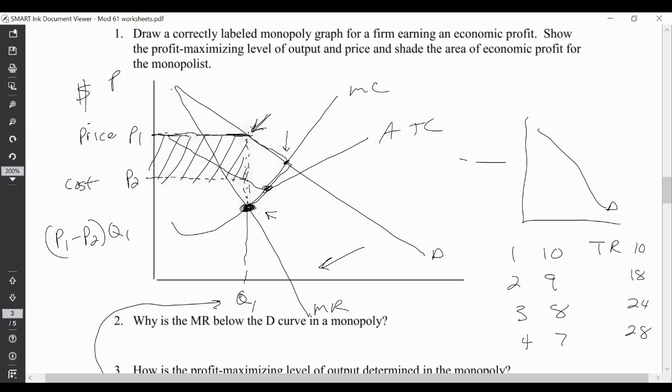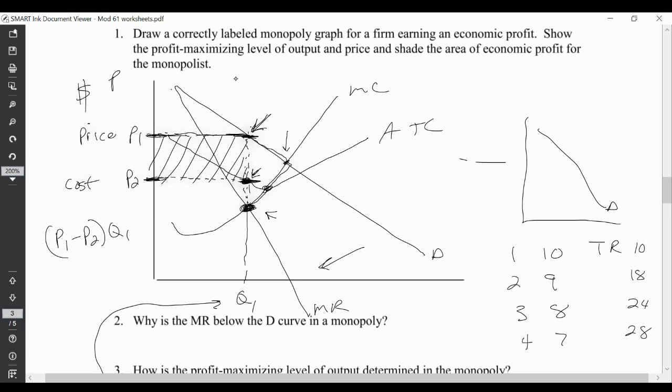But at quantity Q1, where do I intersect the average total cost curve? Right here. So per unit, my profit is from here to here, but we're selling Q1 units. So I'd have to take this difference of P1 and P2 and multiply it by Q1, and that would be my profit, because my price is P1 but my cost is P2. So my price is greater than my cost.